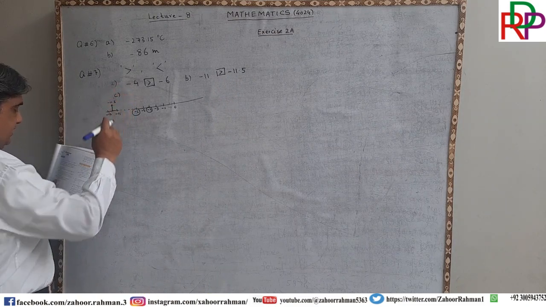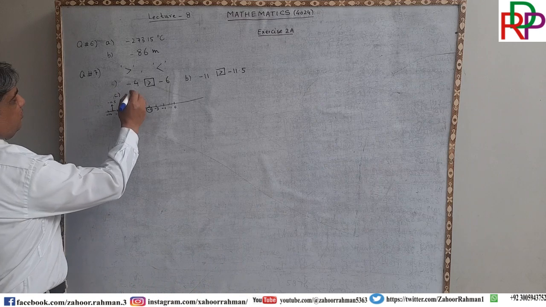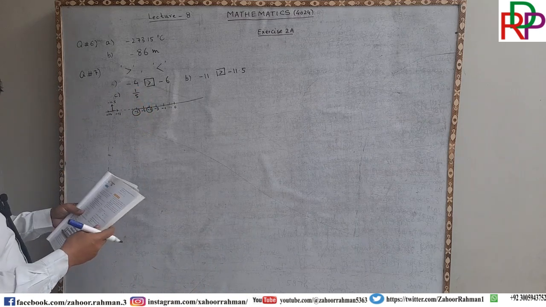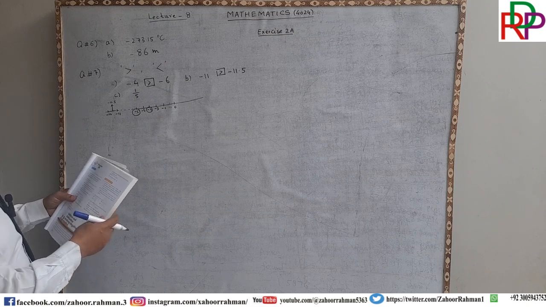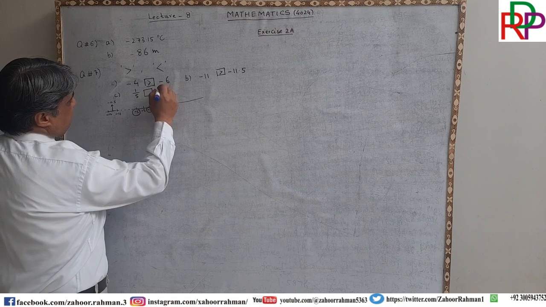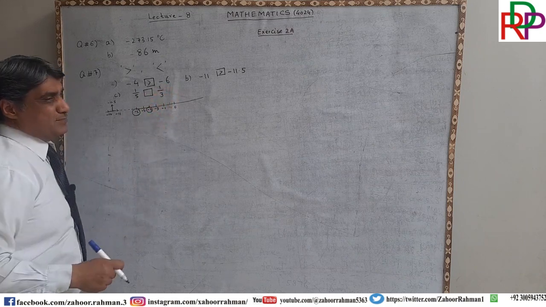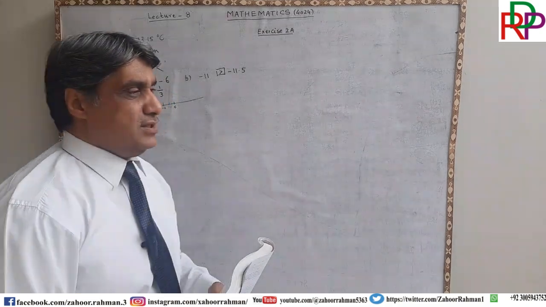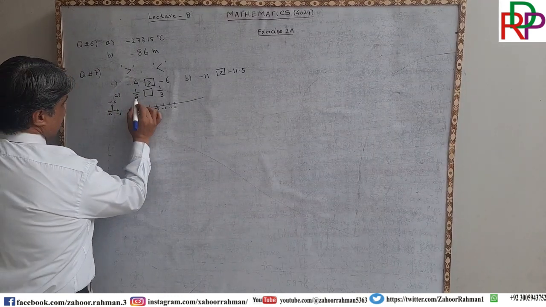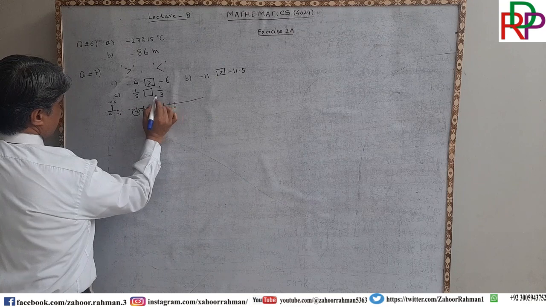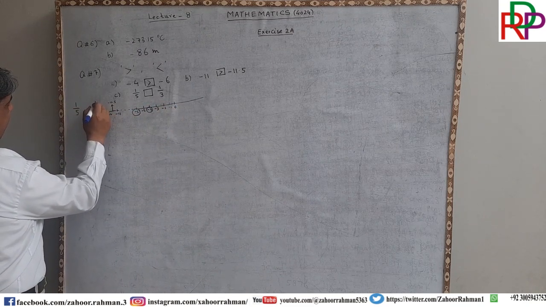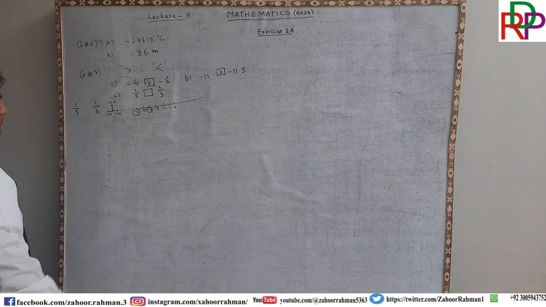Similarly, C part is saying 1 over 5, and then they have given us a box, and then 1 over 3. Now for this sort of question you have to equalize the denominators. For example, 1 over 5 and 1 over 3.